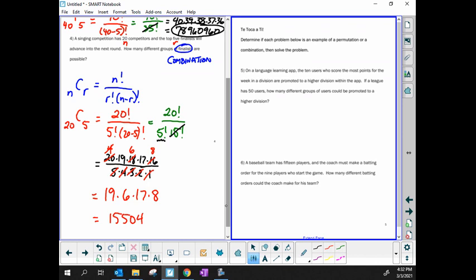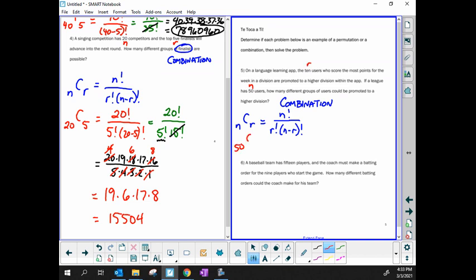Okay, this is kind of like finalist. So because it's like finalist, that means this is a combination. Why? Because the order of those 10 users doesn't matter. So my combination formula nCr is n factorial over r factorial times n minus r factorial. So what's my n and my r? Well, my n is my bigger number, that's the 50. The r is the smaller group, that's the 10.